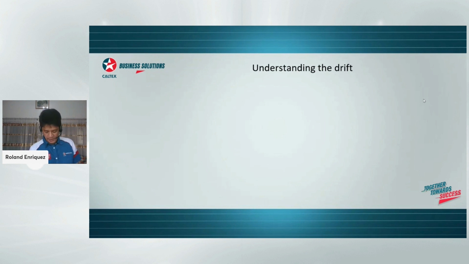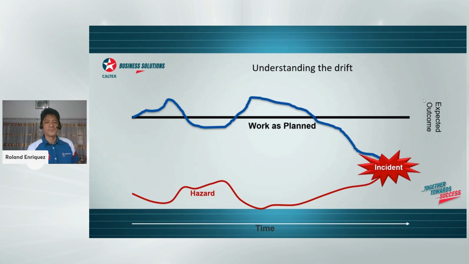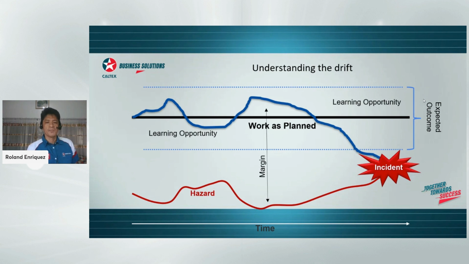All right. Okay, now I'm almost done. So again, to further demonstrate, right? The black line is normally how work should be done, and this is the procedure, this is the standard, right? But in reality, the blue line, our worker, normally deviates from this line, and what they call it a normal drift, and we drift for a good reason: change in environment, malfunctioning equipment.